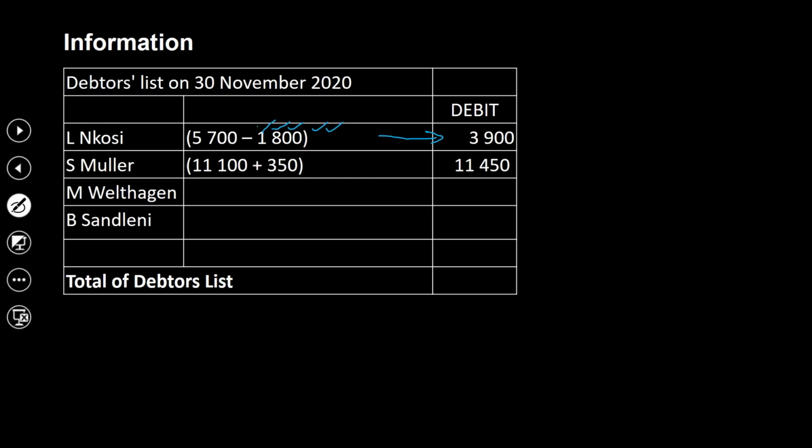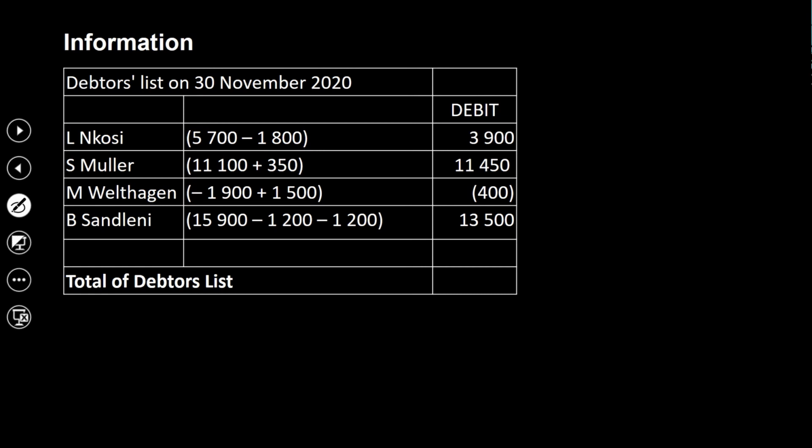Therefore, if we're looking at Veldhagen's account now, here we go. Start off with a credit balance of 1,900. Can you see that minus sign is important? 1,900. And what are we doing?